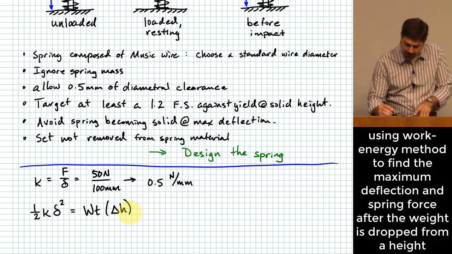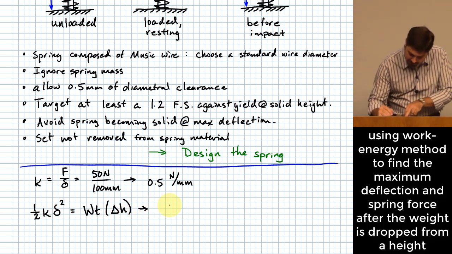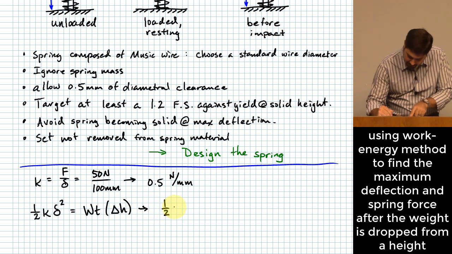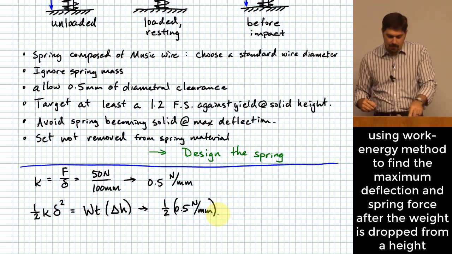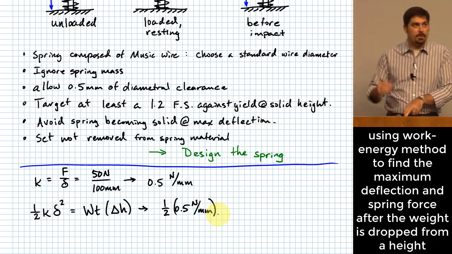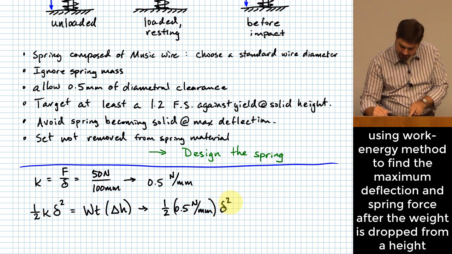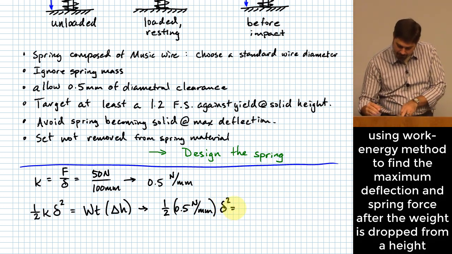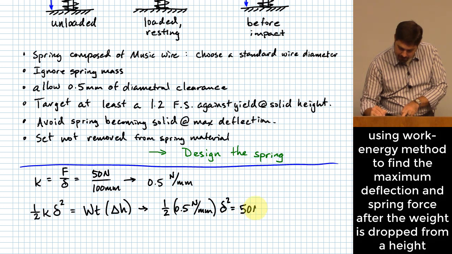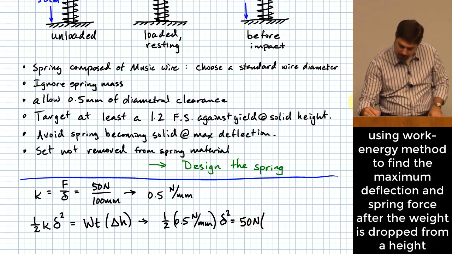Okay, and so for us, what this looks like is we've got 1/2 of 0.5 newtons per millimeter. And we don't know how far the spring is going to deflect as a result of this, so that delta remains a variable, the variable we're going to solve for. We put this equal to 50 newtons times the total height change.